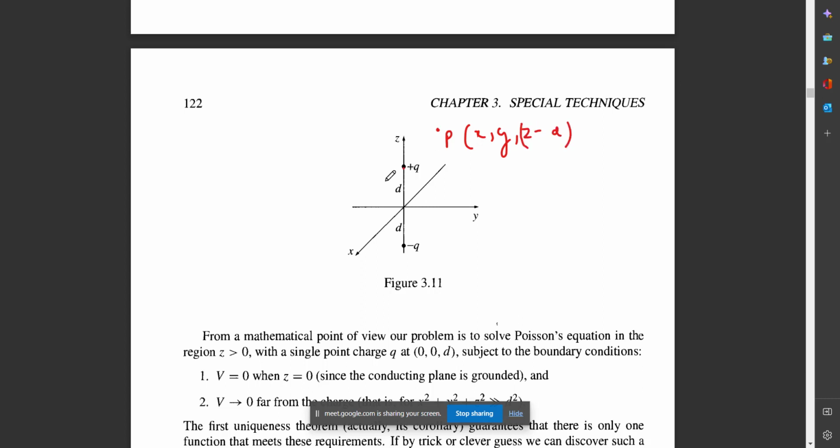This is the origin, 0 comma 0 comma 0, and point P is x comma y comma z.